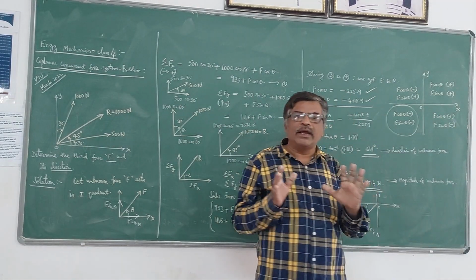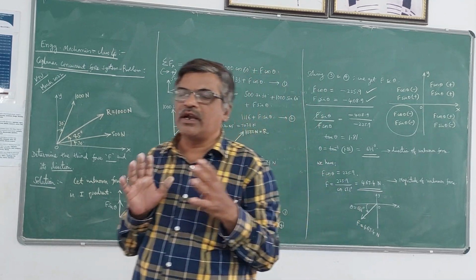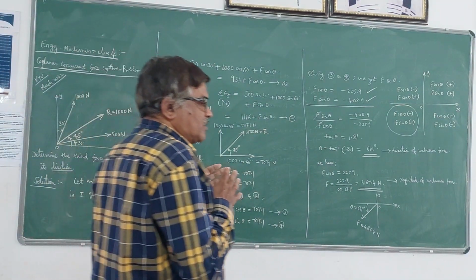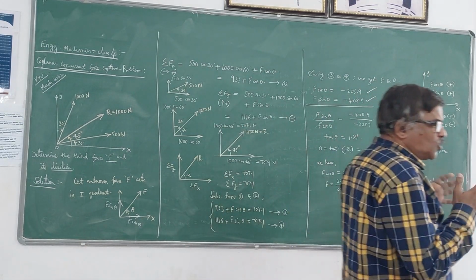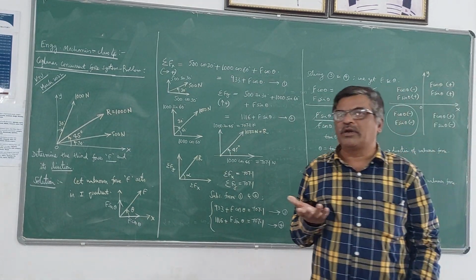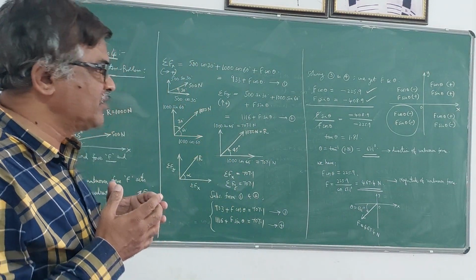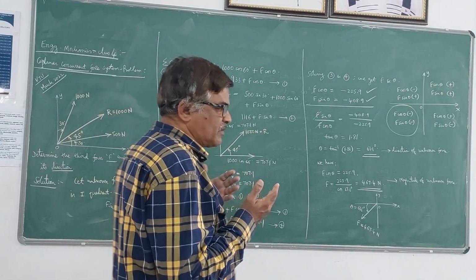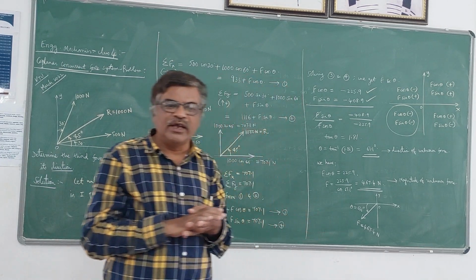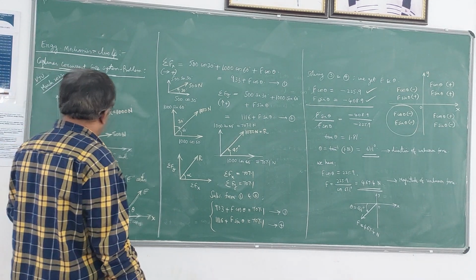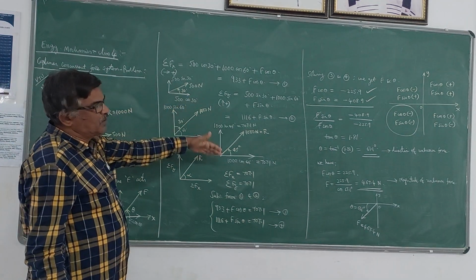So in any problem of this concurrent force system where the unknown force is asked, you will have two unknowns, because we have two equations to be used, one with respect to sigma Fx, another with respect to sigma Fy. If the resultant is acting at some angle, then this is how we have to do the problem.